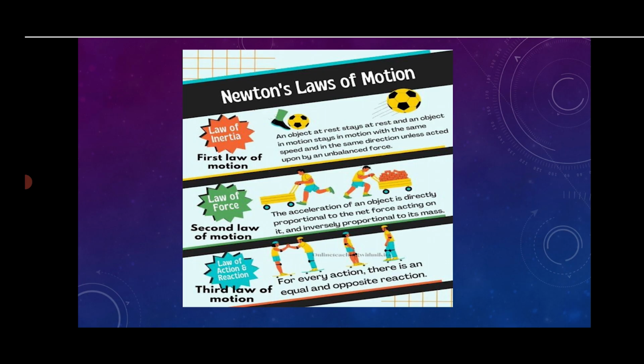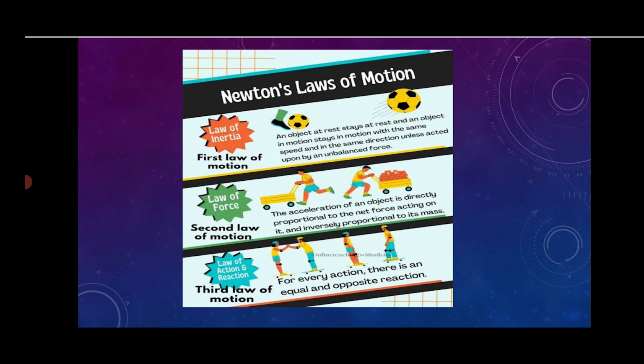Now, did you understand the three laws of motion? Now we can recall what the laws of motion are about. The first law of motion is known as the law of inertia. An object at rest stays at rest, and an object in motion stays in motion, until we apply an unbalanced force, after which the object changes its motion or position.